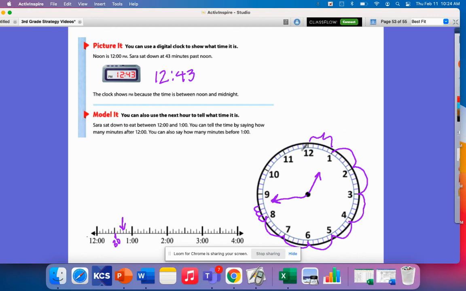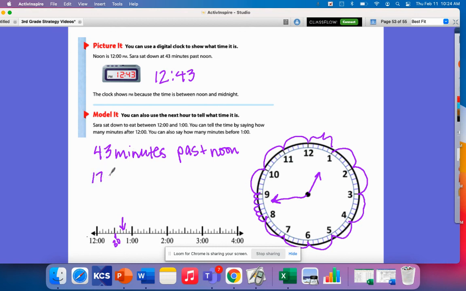Past noon, I could also say that it is 5, 10, 15, 16, 17.